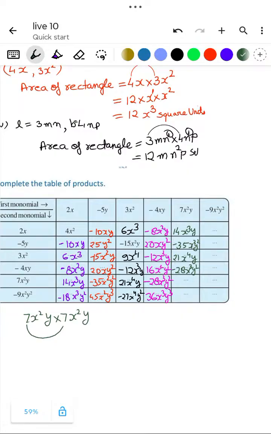So 7 times 7 is 49. x to the power 2 plus 2 is 4. y to the power 1 plus 1 is 2. So this is 49x to the power 4 y square.